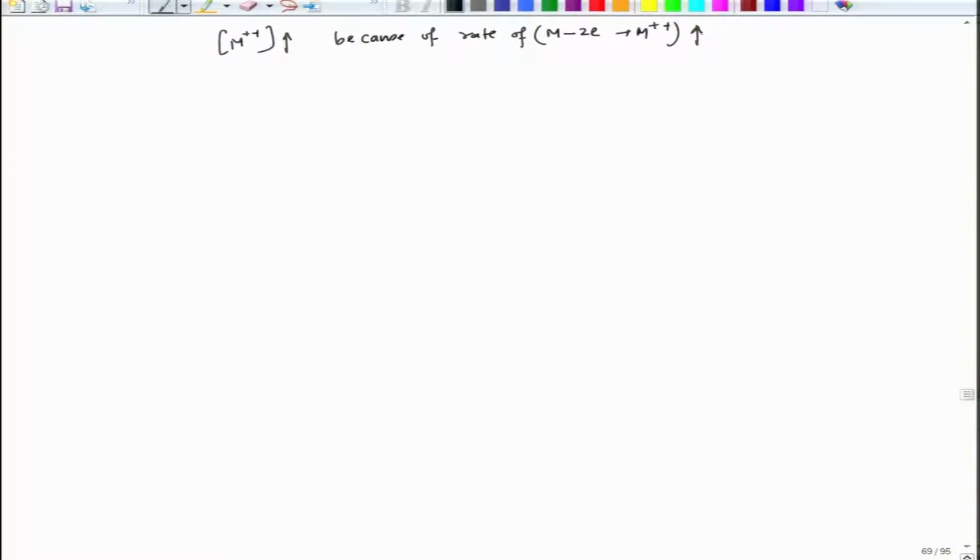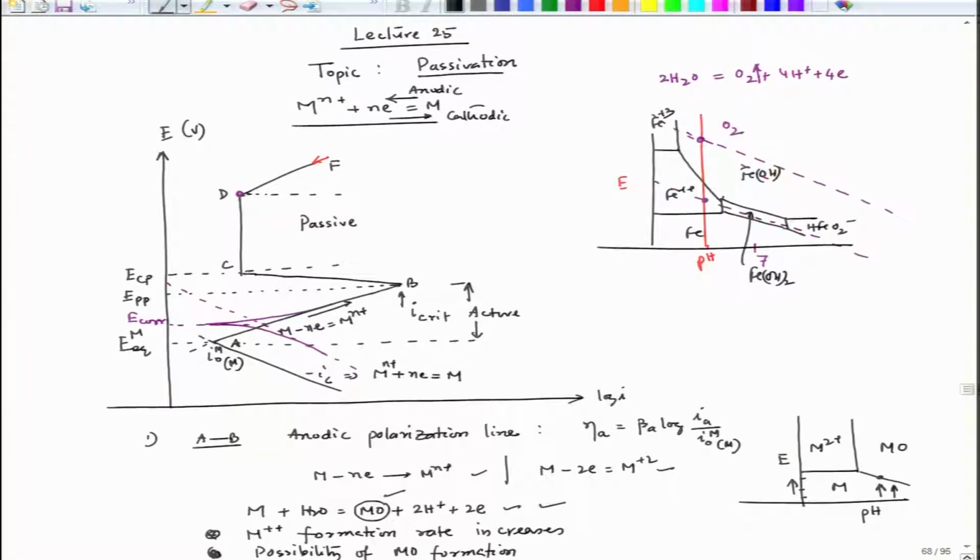Now, this increase is reflected by IA increment. So, if we see this, as we go towards the positive side, IA is gradually increasing along this line and governed by this equation, the Tafel equation.